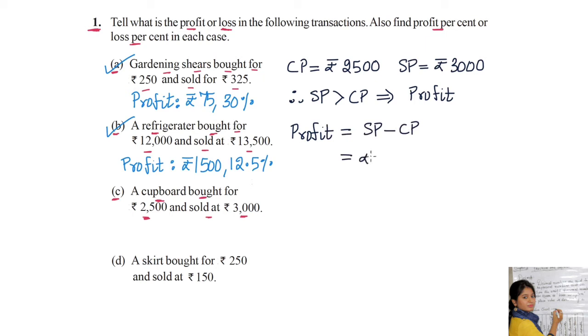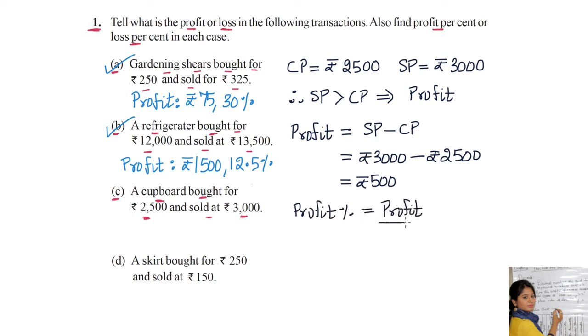How much profit has the transaction given? So profit is selling price minus cost price, rupees 3000 minus rupees 2500, which gives you rupees 500. It means that profit has been made of rupees 500, and let's find profit percentage.